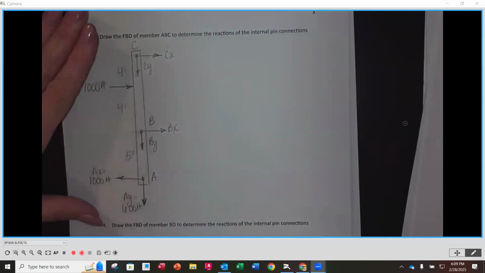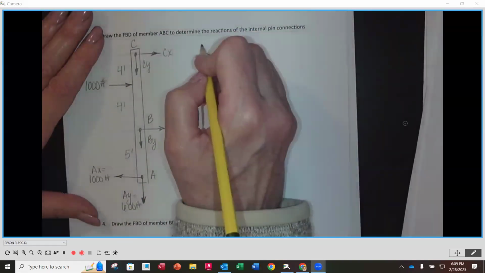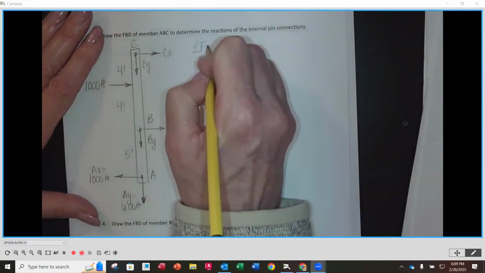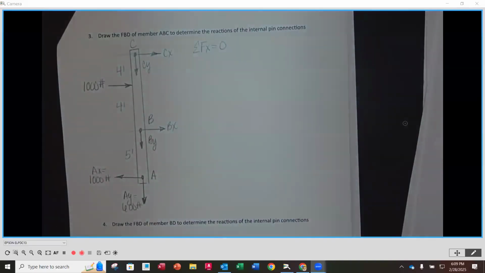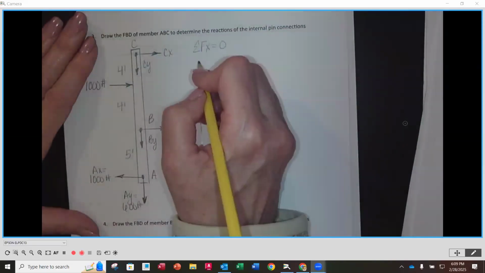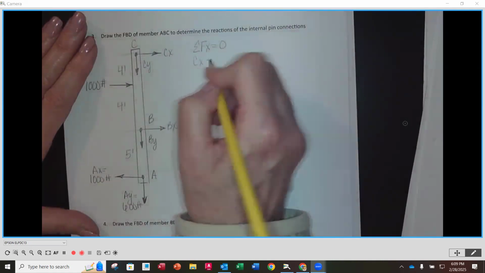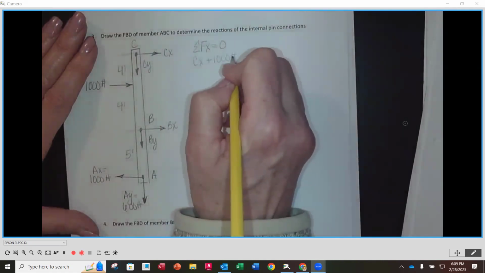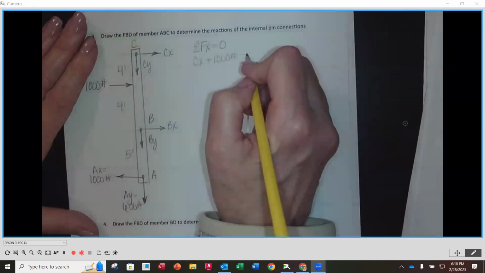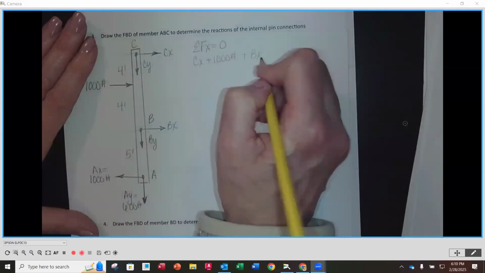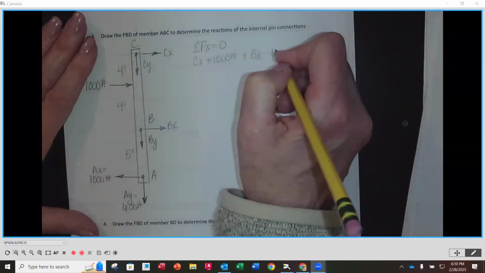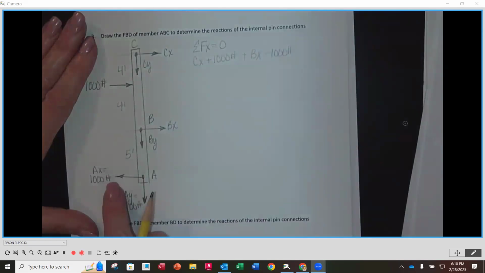So let's start by looking at the sum of the forces in the x equals 0. Let's see what we've got. We've got a positive CX, a positive 1,000, a positive BX, and a minus 1,000, and that's at AX.